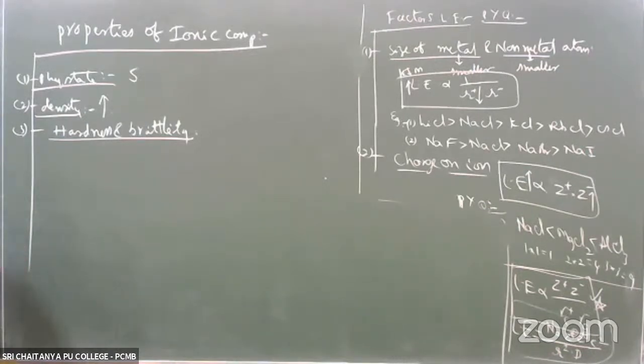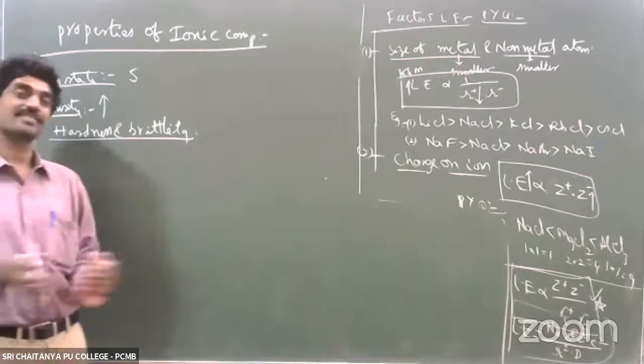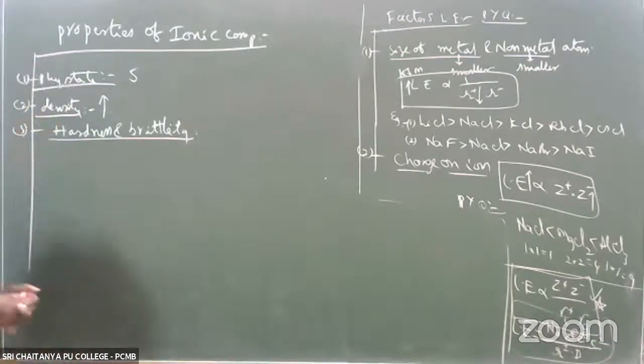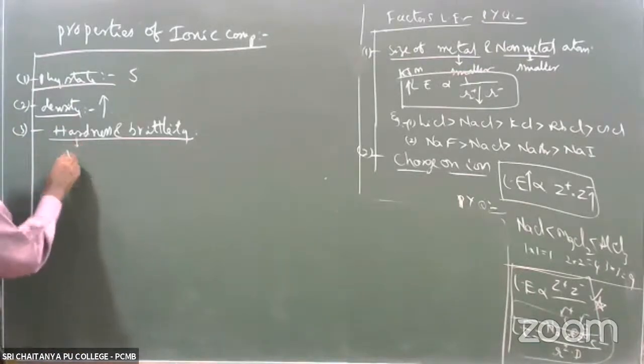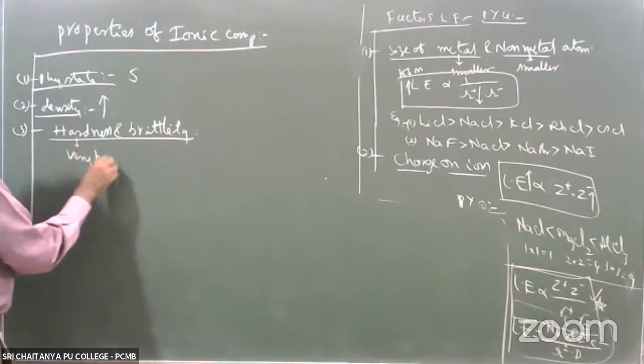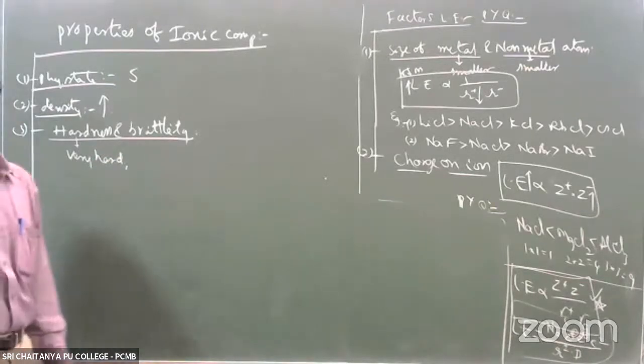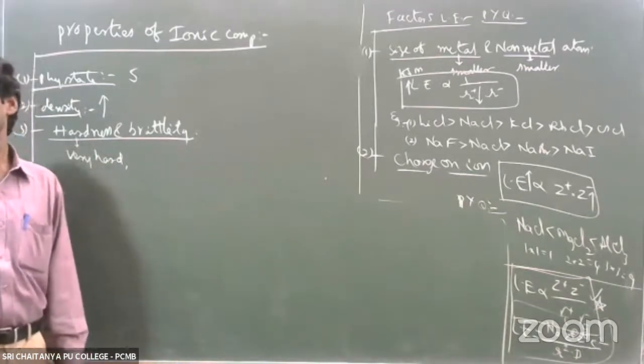Crystalline solids means all ions are closely packed because of strong attractive forces. Because of that, more ions are accumulated in less space, in a particular unit cell, even in the solid state. That's why they are very hard. So ionic compounds are very hard, and even though they are very hard, you can easily break them into pieces. It is called brittle nature, breaking into pieces.